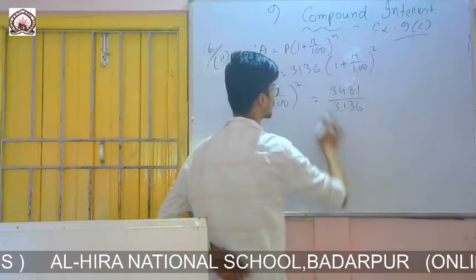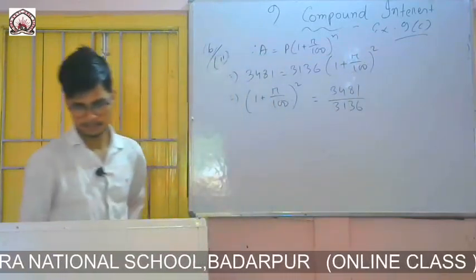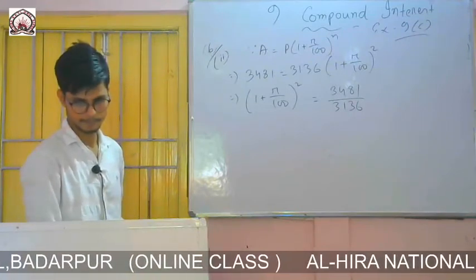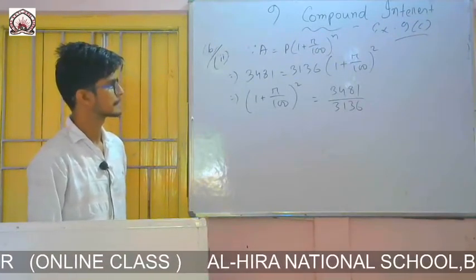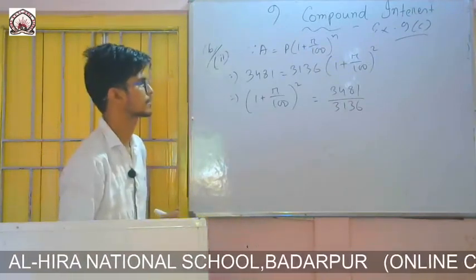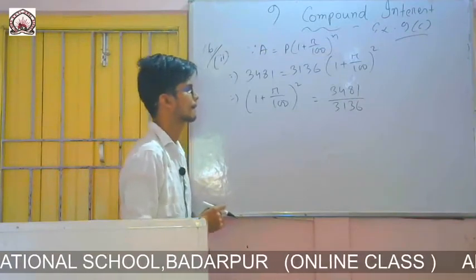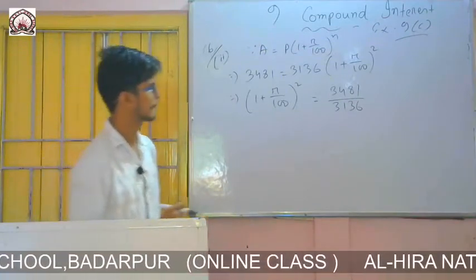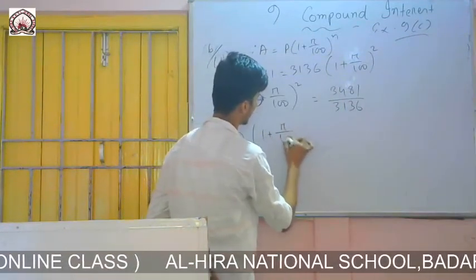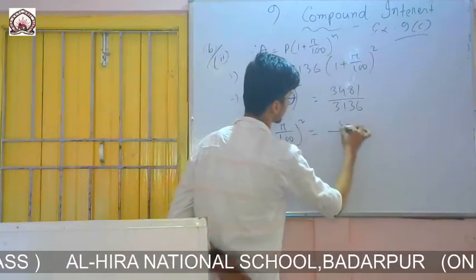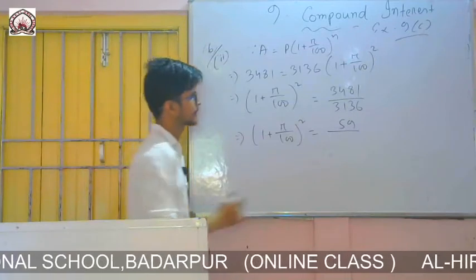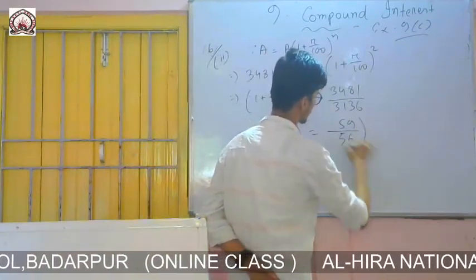So I have to convert this number in square, 3481 is 59 square. 1 plus R by 100 whole thing square equals 59 square, and 3136 is 56 square.